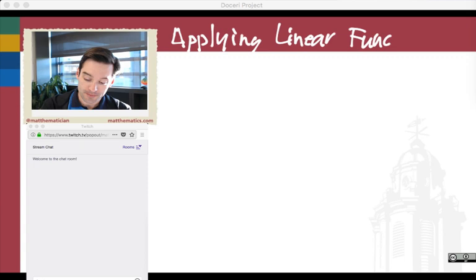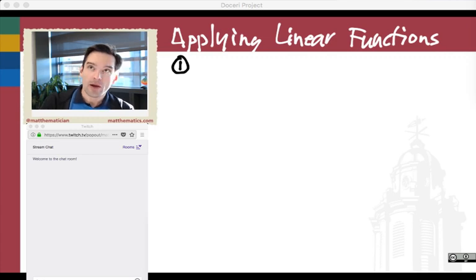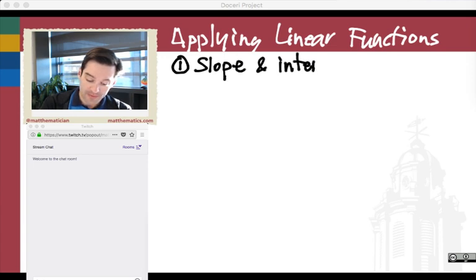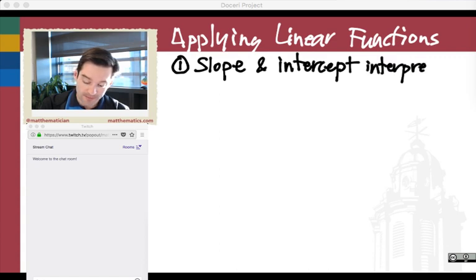The first goal is that I want to go back to what we talked about last week and review slope and intercept, not just from the mechanical perspective of y equals mx plus b, and discovering an equation for a set of linear data, but I want to focus today on interpretation.